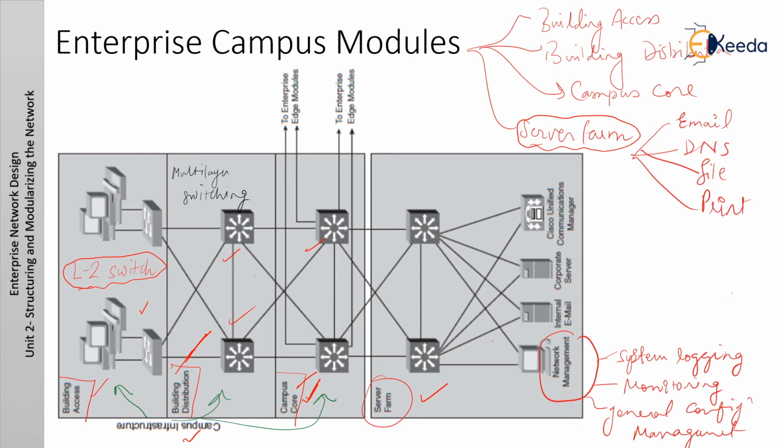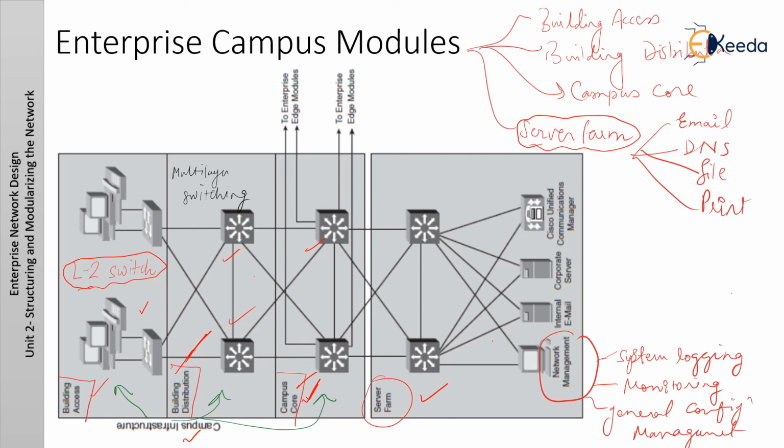In addition, it typically supports network management services for the enterprise, including monitoring, logging, and troubleshooting, the core common management features from end to end. The server farm module typically contains internal email and other corporate servers that provide internal users with application, file, print, email, and domain name system.